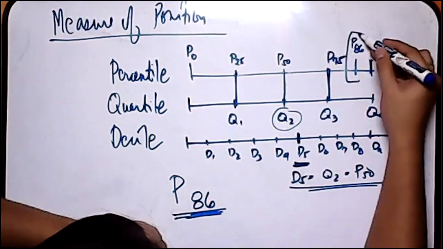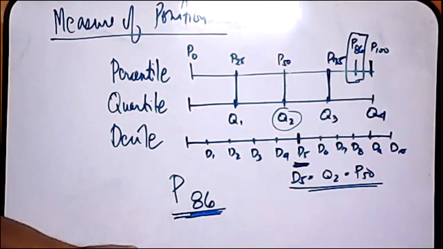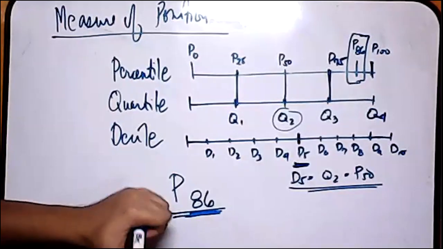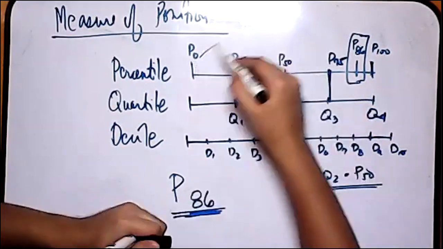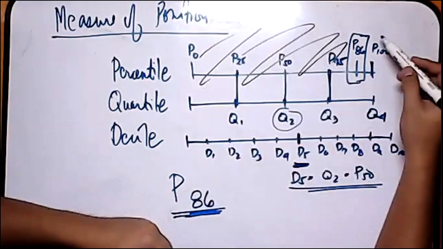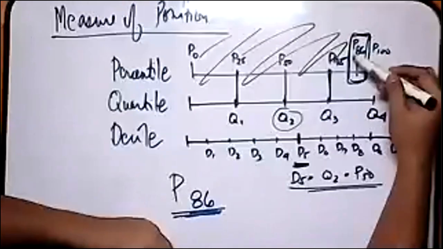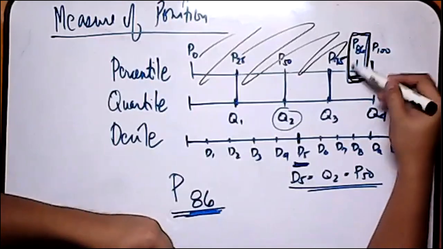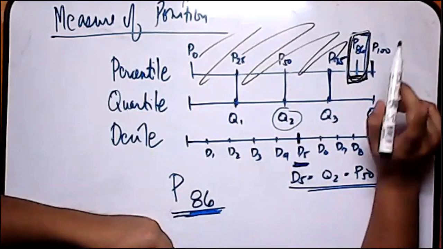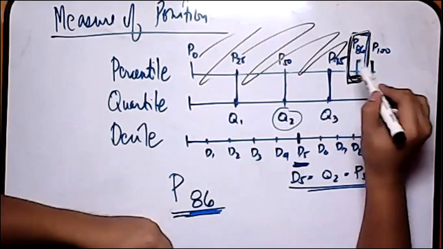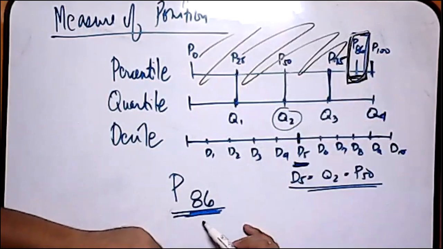Okay, nandito ka. In other words, yung ibang estudyante na kasama mong nag-exam, they are in this area. While you are here. In other words, ilang porsyento ng mga estudyante na nag-take din ng exam ng katulad mo ang hinigitan mo if you are 86th percentile.